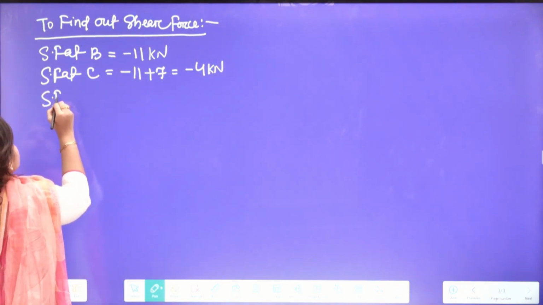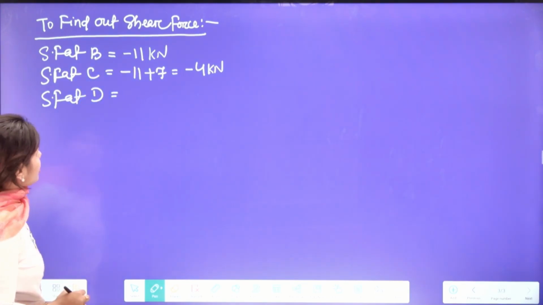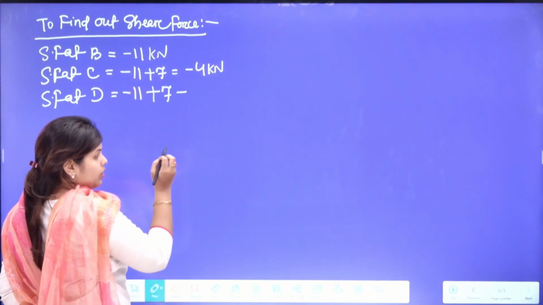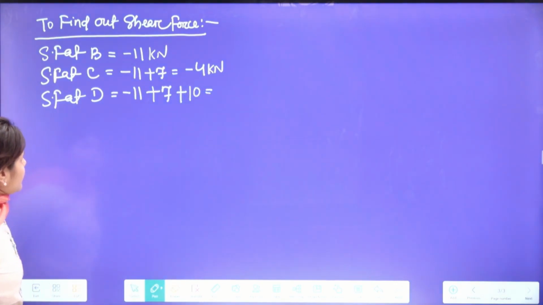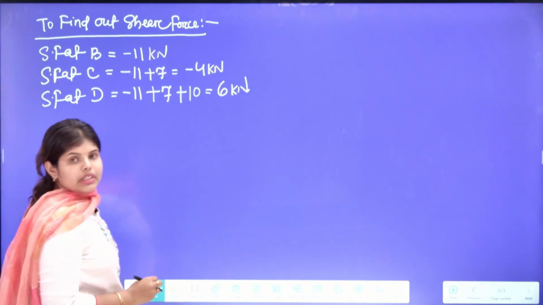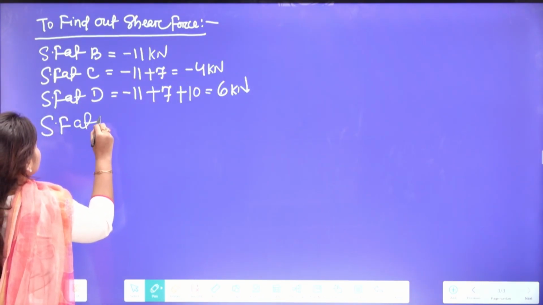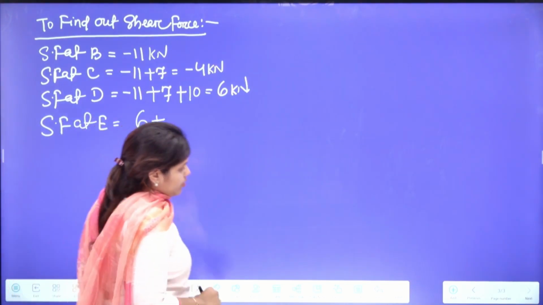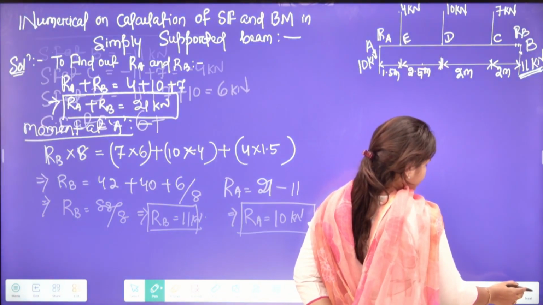Next, shear force at point D. You have already seen minus 11 plus 7, and at D we have 10 kilonewton. So, plus 10, that is 6 kilonewton. Shear force at E: this 6 plus, at E we have 4 kilonewton.